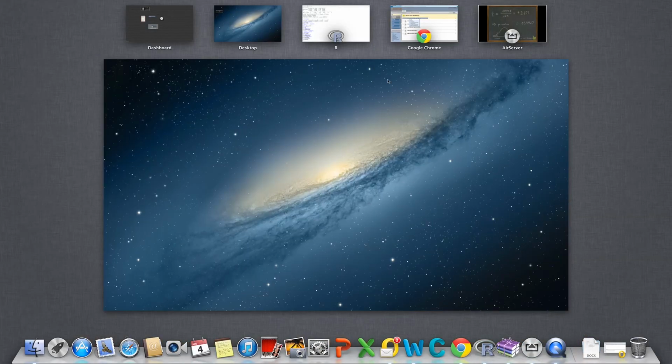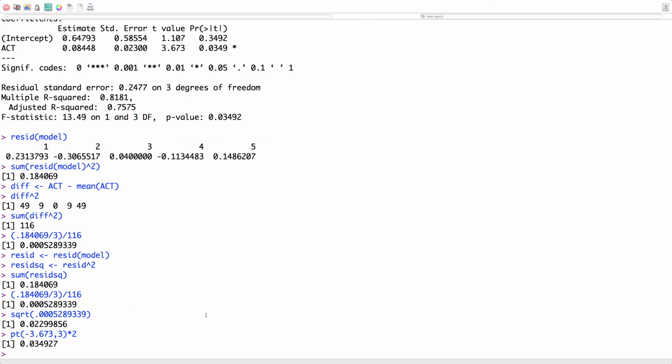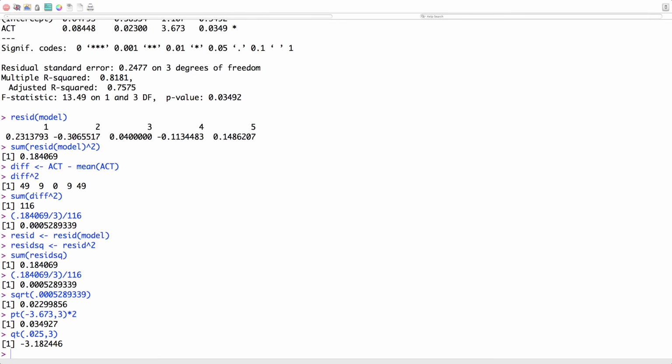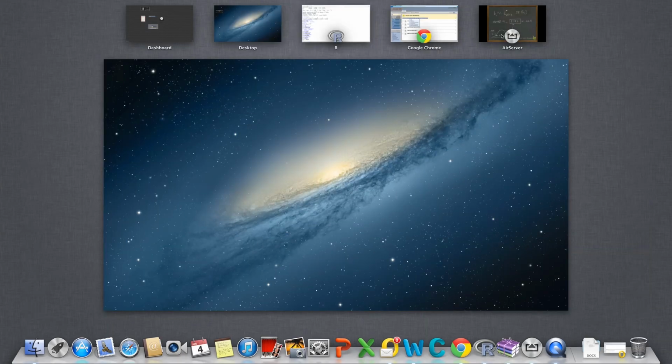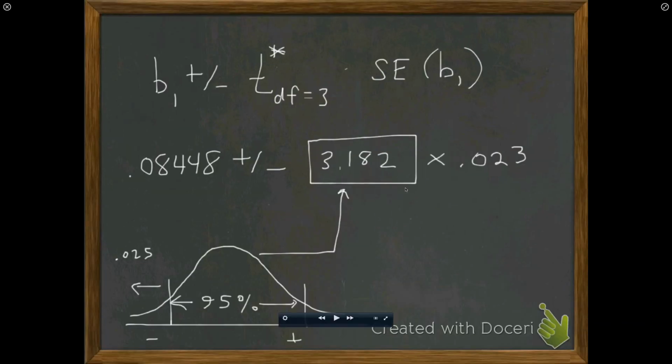Back to R. Hopefully you haven't forgotten that we do that with qt. We want 0.025 to the left, degrees of freedom 3. So we have 3.182446. You can see I've already written that there. I'm going to use the calculator to do the calculations.